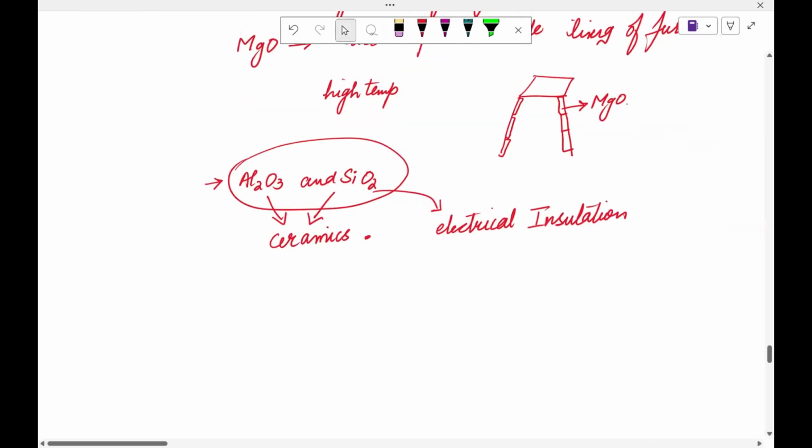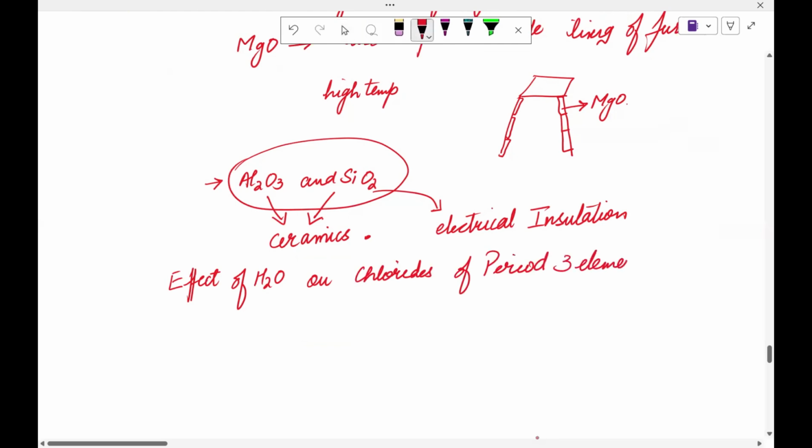So now our next topic is the effect of water on chlorides of period 3 elements. First is sodium, then magnesium, then aluminium, then silicon, phosphorus, and sulfur.